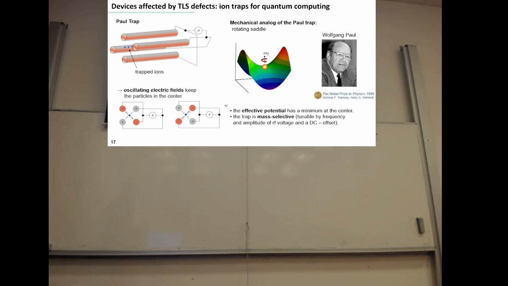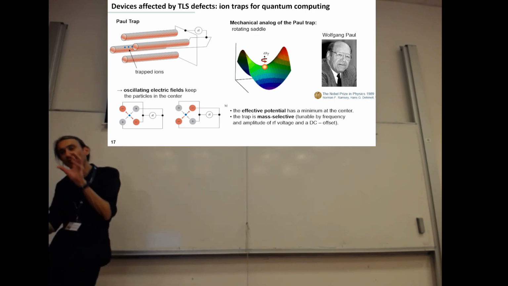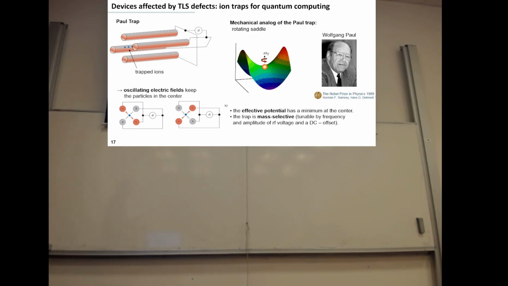So this at the end means that you effectively generate such a rotating saddle potential for the ion, which should sit here on the saddle point. This thing is rotating, so basically keeping it in the center. And actually, there's a nice anecdote how Paul invented this trap.